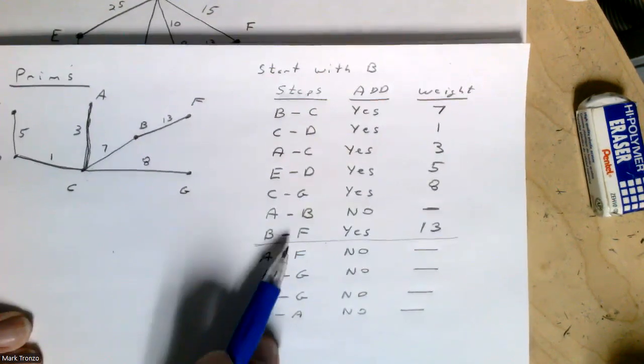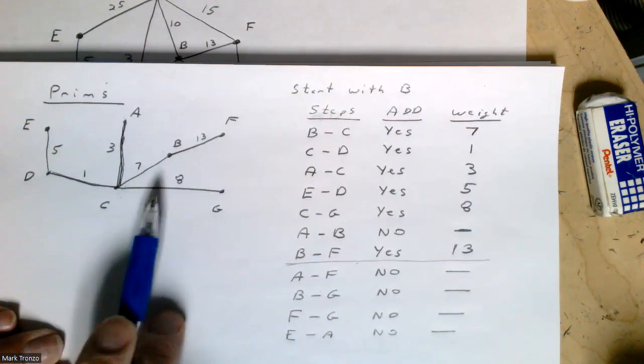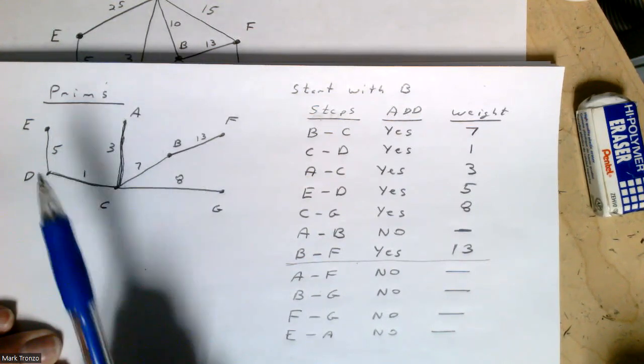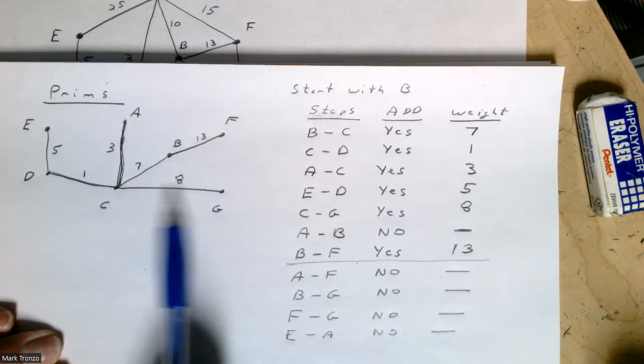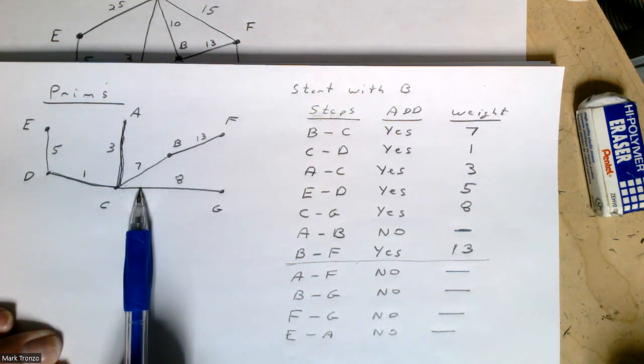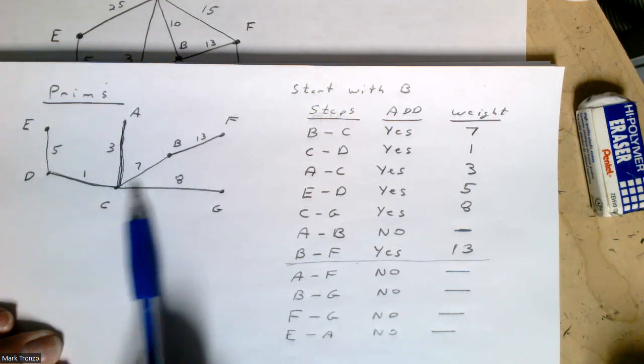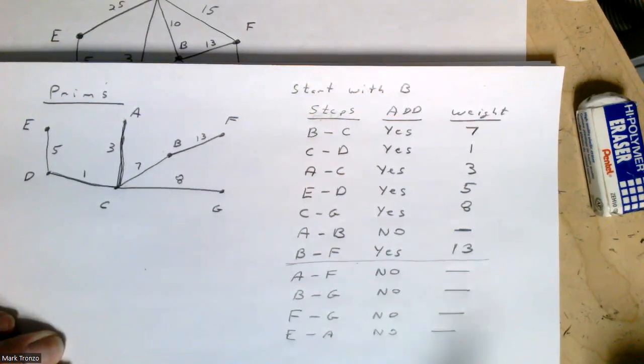So like I say, we really didn't need to do this because we had a spanning tree. Remember, it's a graph in which all the vertices are connected, and of course it's a tree.